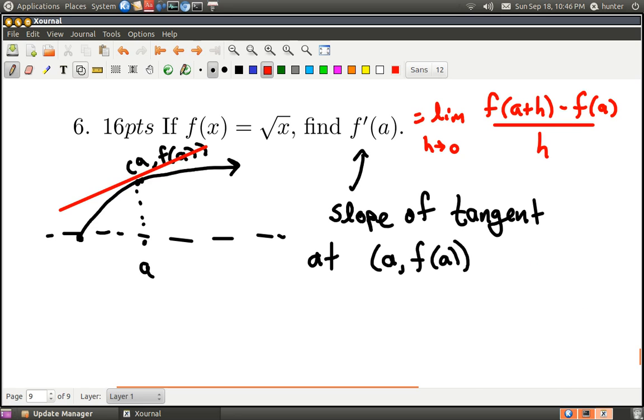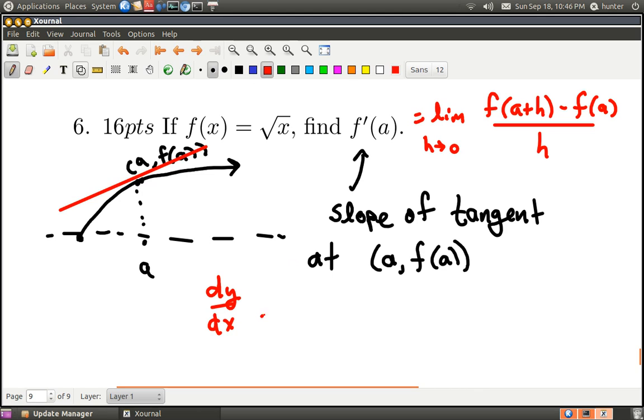You can also think of it as our old dy dx, so it's helpful to compare the two. What's the difference between dy dx and this thing? Really nothing.